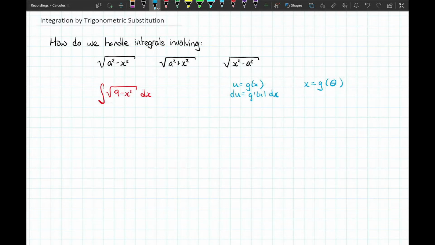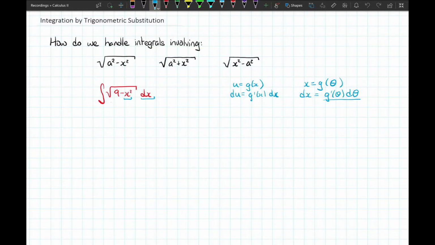Well, then in the substitution, we still need to look at the derivative to get differential form: dx equals g prime of theta d theta. Okay, so this dx is going to get replaced with g prime of theta d theta, and then our x is going to get replaced with something as well.